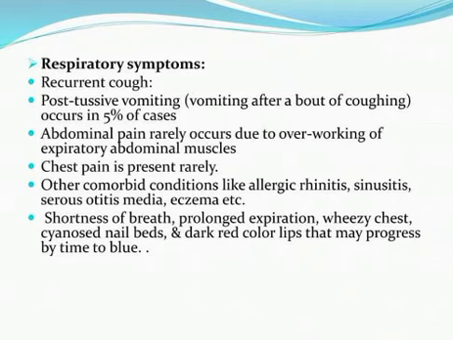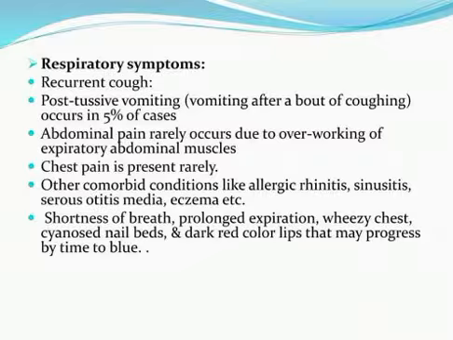Next will be abdominal pain, which rarely occurs due to overworking of the expiratory abdominal muscles. We already know that when we have coughing problems, we feel some abdominal pain also. And the next will be chest pain, which is a rare condition.